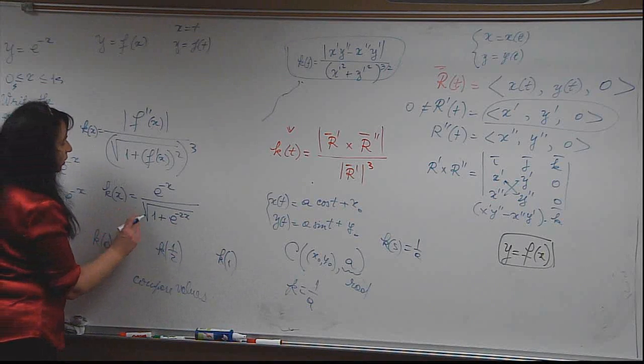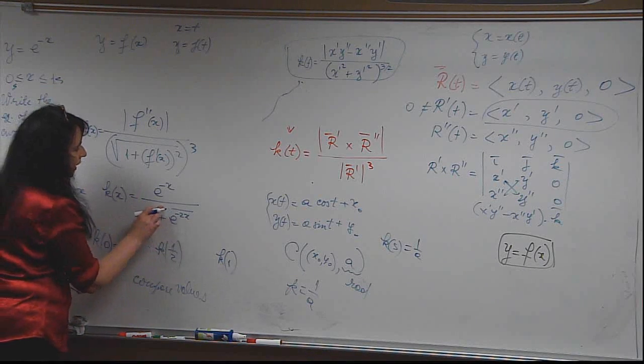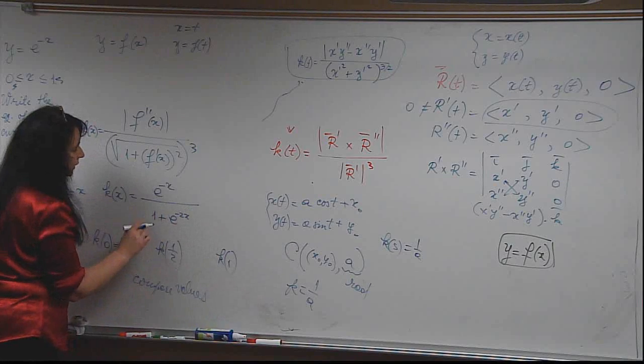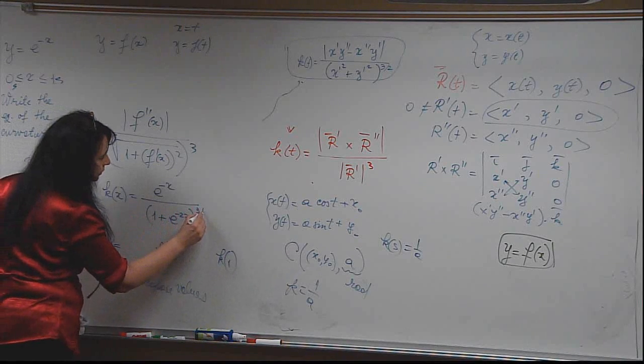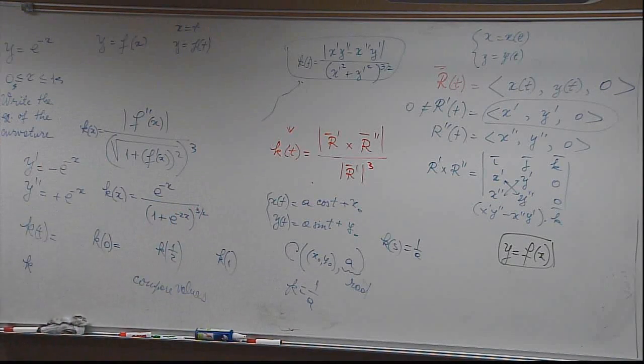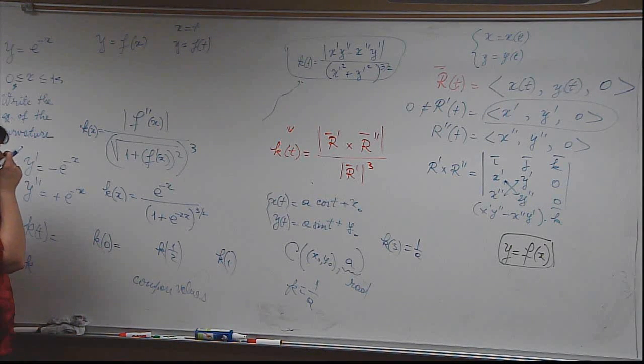And then the whole thing, I can say to the 3/2, or I can use the square root, whichever is your favorite. Now, what is k of 0? 1 over 2 to the 3/2.